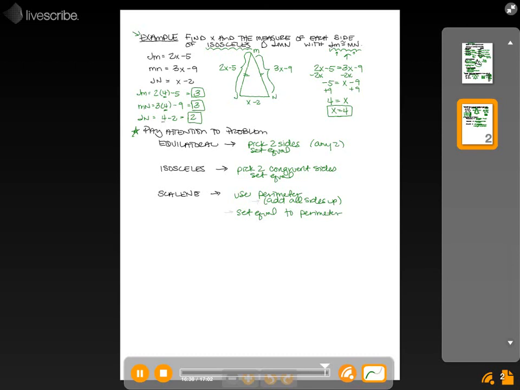Okay? They will tell you on a scalene specifically what the perimeter is. They'll say the perimeter of this triangle is something, and you are given 3 expressions, and you need to solve for each side. Same idea, except this time we're adding all the sides up, and we set it equal to the perimeter. That's the only one that's different. Okay? Those are your notes on section 4.1 on classifying triangles.